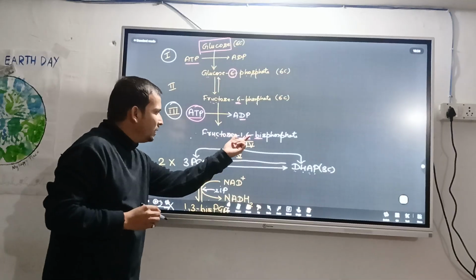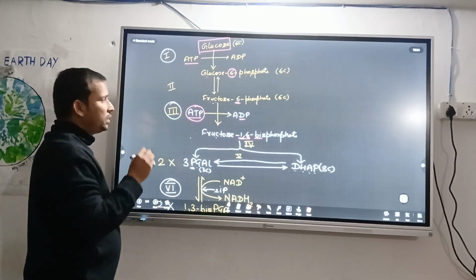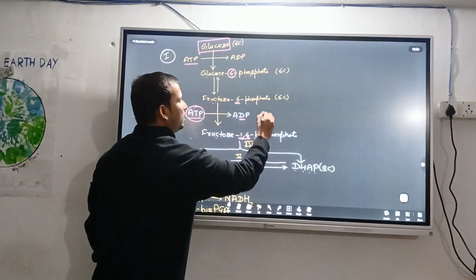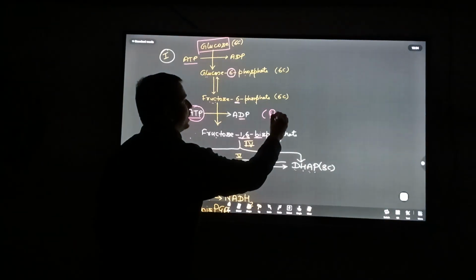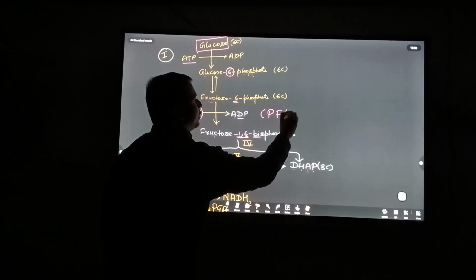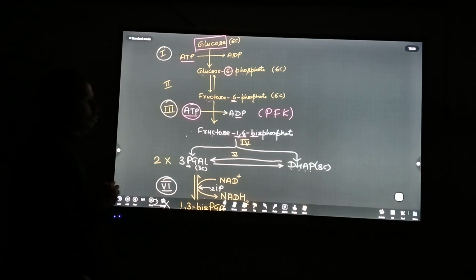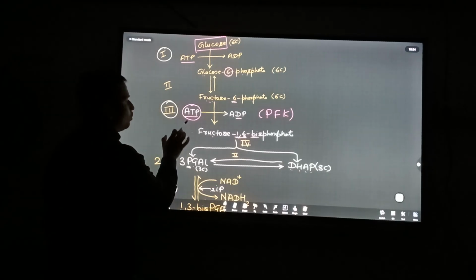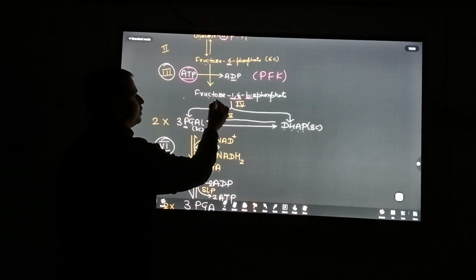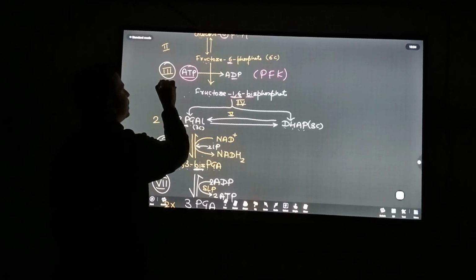Now fructose 1,6-bisphosphate. Let me write one enzyme also, very important: PFK, phosphofructokinase. Student, this phosphofructokinase is catalyzing this third reaction.